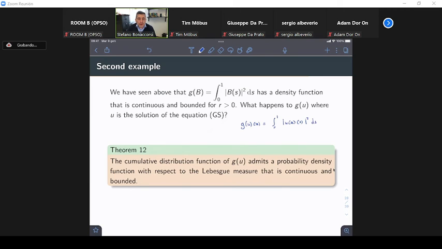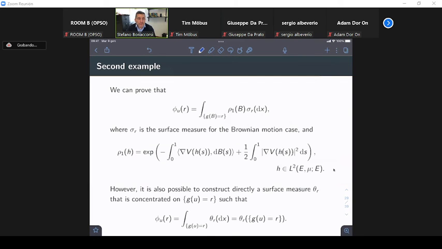And I want to prove that also in this case, the random variable G_U has a continuous density with respect to the Lebesgue measure. And for me, this is an interesting result. First of all, I can prove that this random variable has a density. So I will just use the notation rho_U for the density of G_U with respect to the Lebesgue measure lambda.